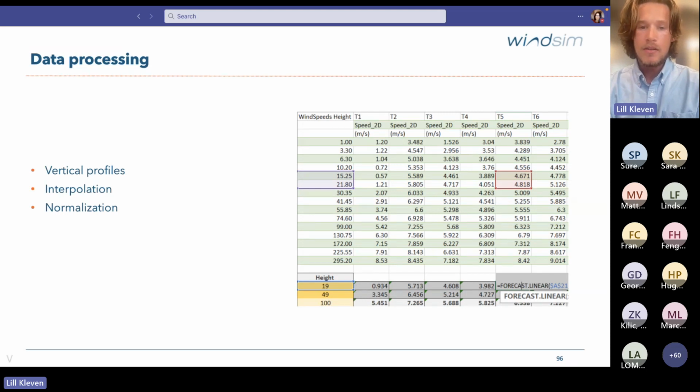We specified 3 different heights, 19 meters above ground, 49, and 100 meters above ground, to compare the effects at higher heights. Next was to normalize the wind speeds to the reference point of MatMast position number 3, so that for all the turbine positions, the value is 1 for MatMast 3 as a reference point for the speed ups.